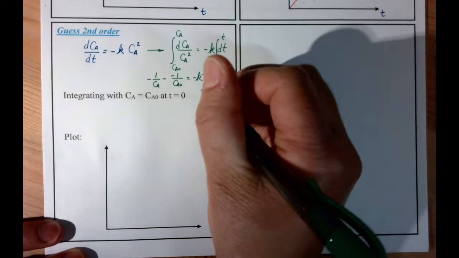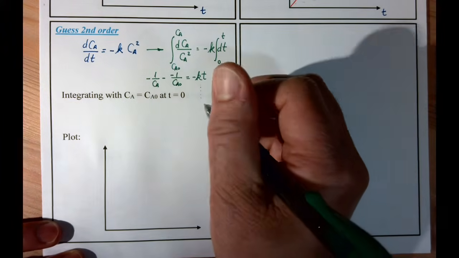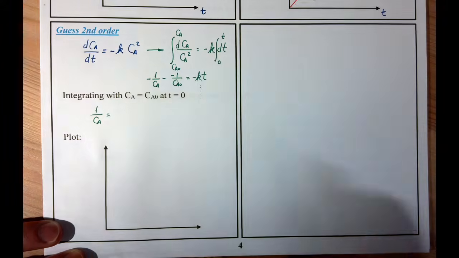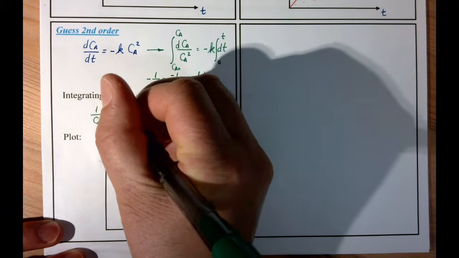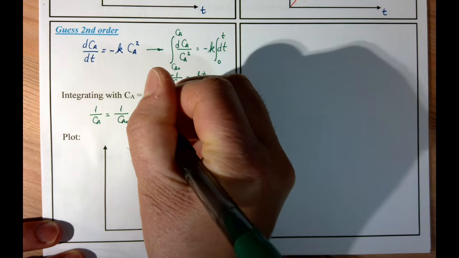And from here, doing algebra, 1 over CA would be equal to 1 over CA naught plus k times t.